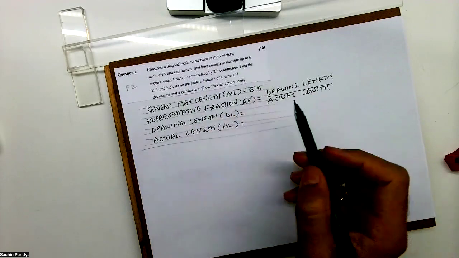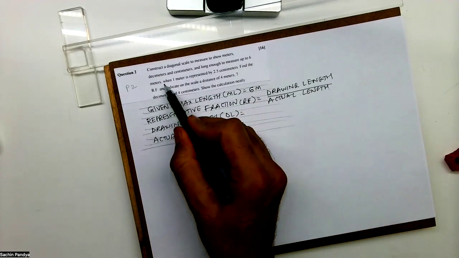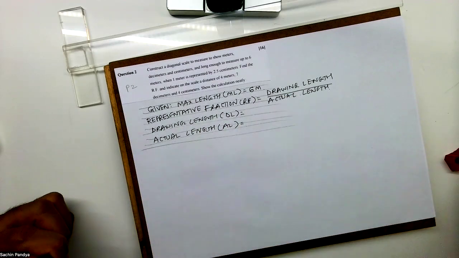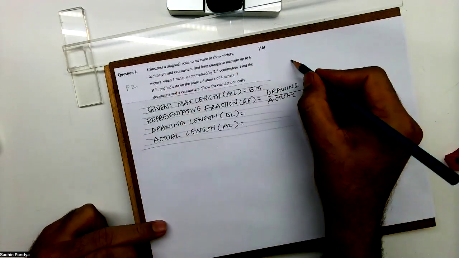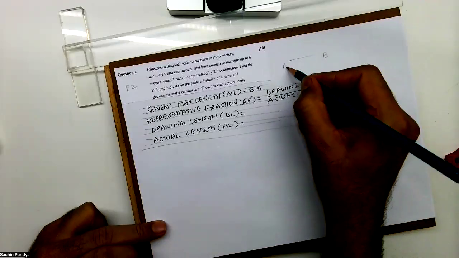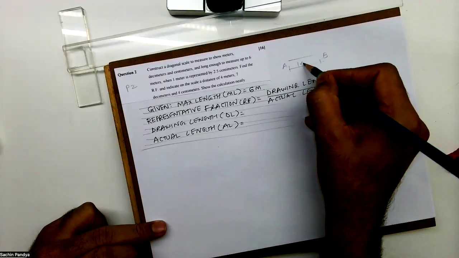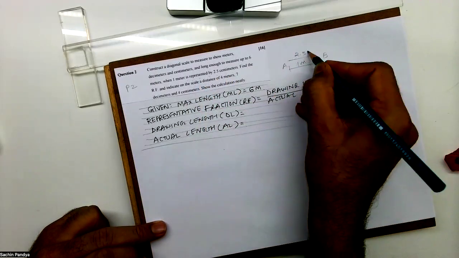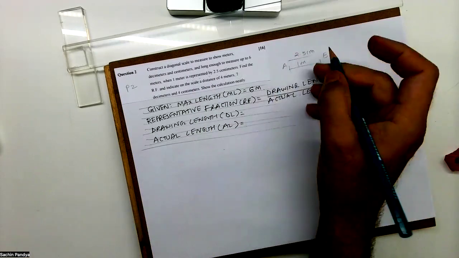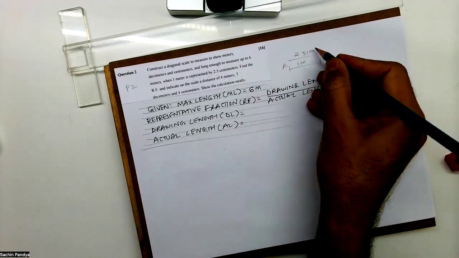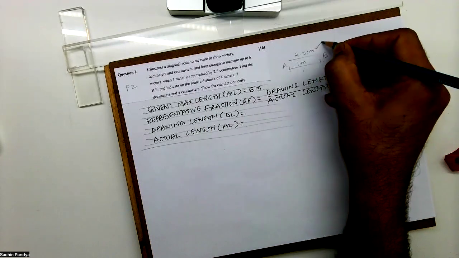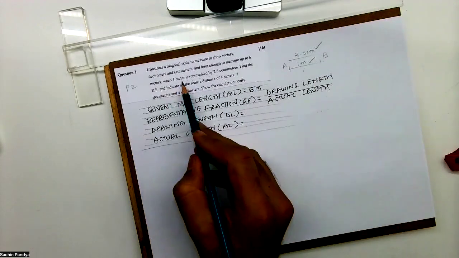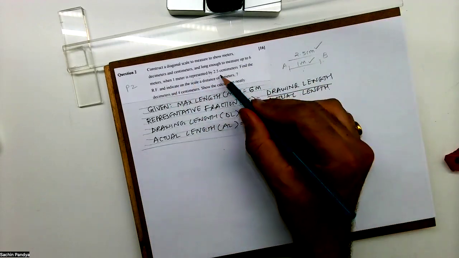So drawing length over here, if you see, when 1 meter is represented by 2.5 centimeter, that means this question is, let's say distance between A to B is 1 meter, represented by 2.5 centimeter. So if you measure it with scale, it is 2.5 centimeter, but they have written 1 meter. So in this case, 2.5 centimeter is drawing length and 1 meter is actual length. Understood?